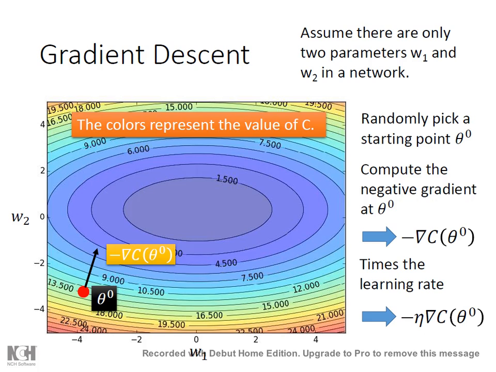Suppose here we have two parameters in the network, W1 and W2. Each time we just adjust one layer. You just pick one hidden layer when you are going to adjust the neural net.